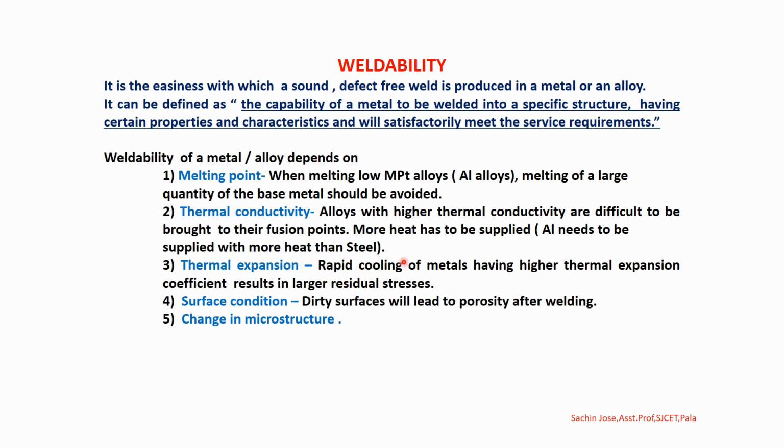Rapid cooling of metals having a higher thermal expansion coefficient results in larger residual stresses. The expansion coefficient is high, which means you heat the metal and it cools very fast, right? The expansion of the joint parts can give rise to residual stresses.